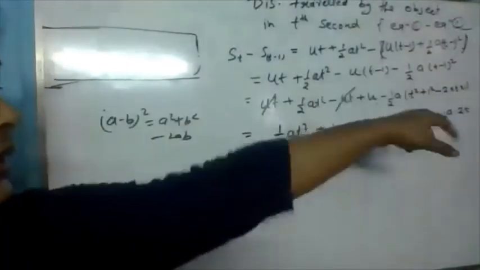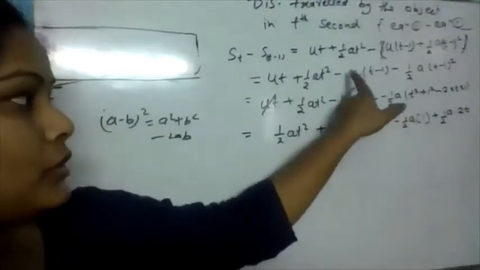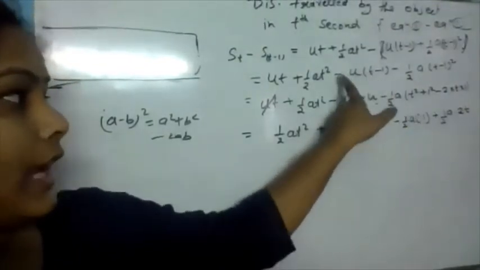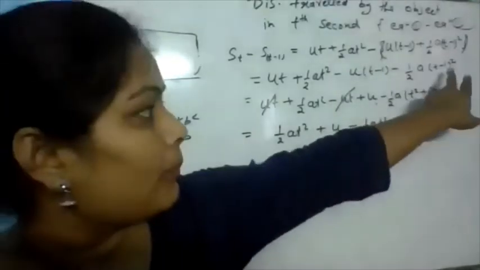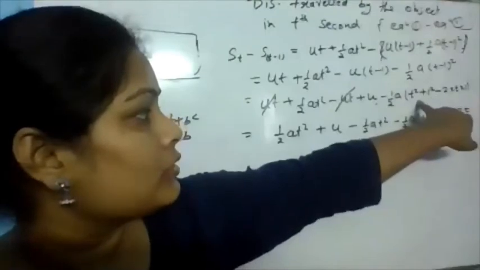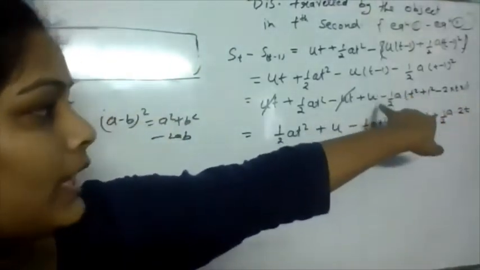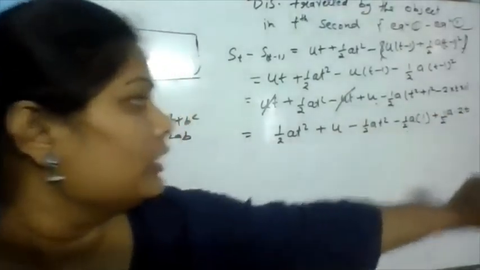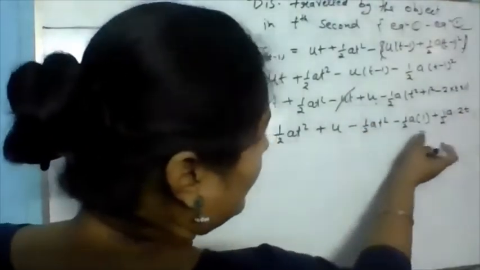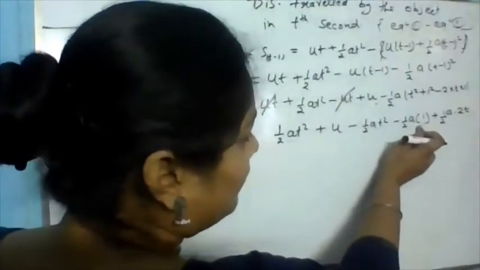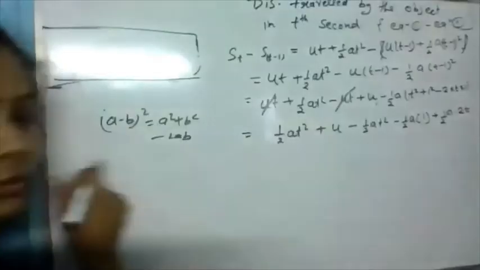Simple mathematics. Just multiply minus u in this term, so minus ut and minus u times minus 1 is plus u. Then apply a minus b whole square: a square plus b square minus 2ab. Now just multiply this term in this term. So here we will get minus half at square and minus half a and minus minus plus half a multiplied by 2t.